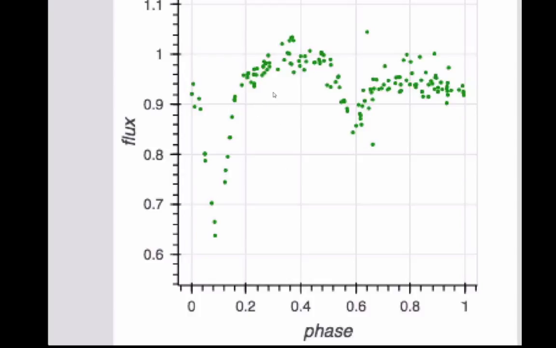So that's the phase, and we said that between 0.3 and 0.4, I don't know if you can see me marking this up, right around here, it looks like it's not eclipsing. So take the average flux in that region and set that equal to 1.